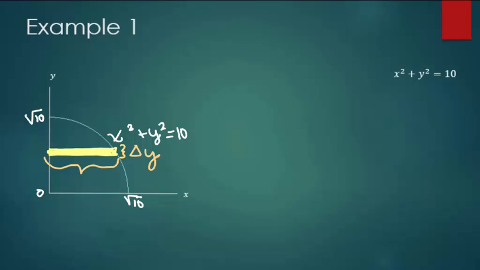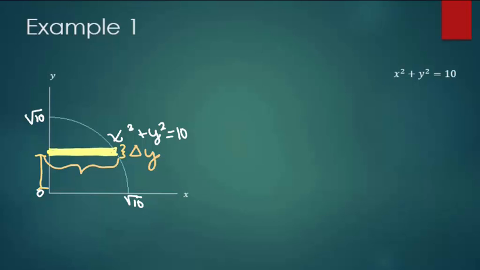So in order to find the length of this rectangle, we need to utilize this length y, because that will correspond to the point on the circle that has the right x value that we need.